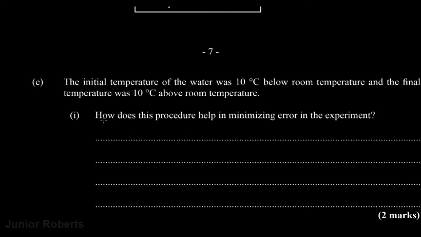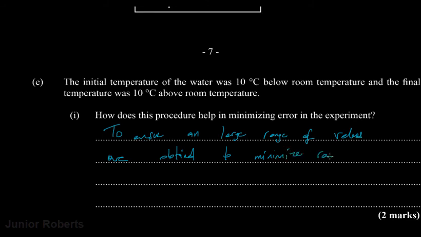So we can see that this is to ensure a large range of values are obtained to minimize random errors, right? So let's continue.